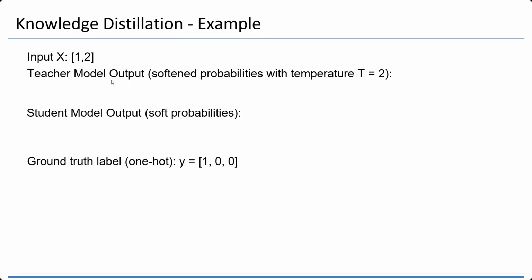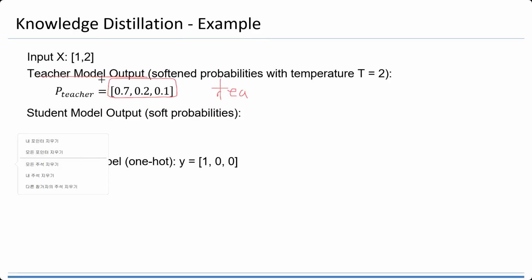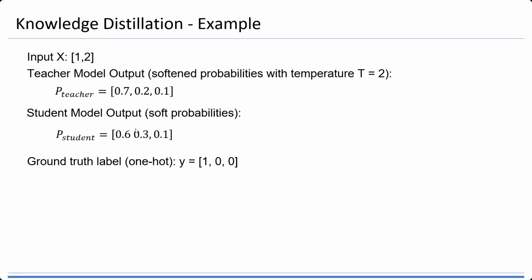When we do the teacher model, we want to do something with the neural network. Now, let's say with the temperature T equals 2, we got this output. So this is the teacher model output. And after we run the neural network on the student model, the smaller model, let's say we got this output.